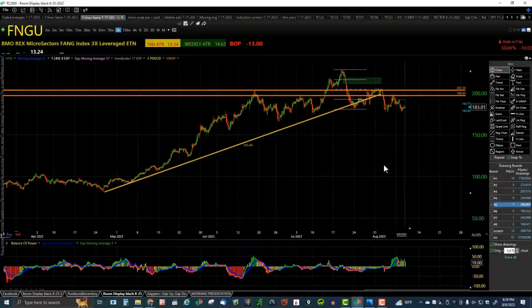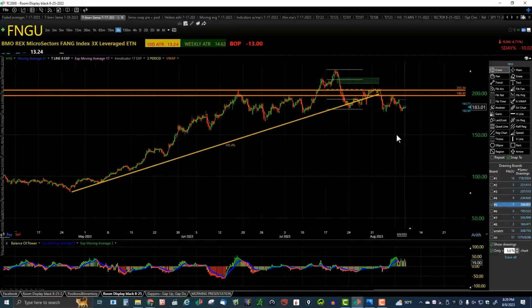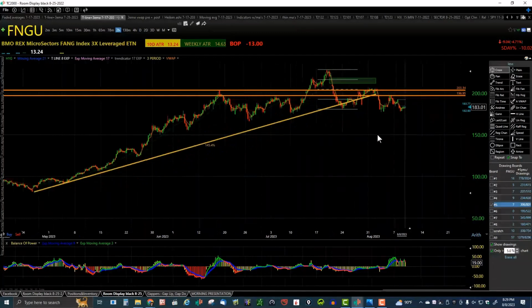Anybody? Yep, that's right. Yeah, we got kind of a head and shoulders happening here, don't we? And a broken uptrend. And we do get in consolidation over here.